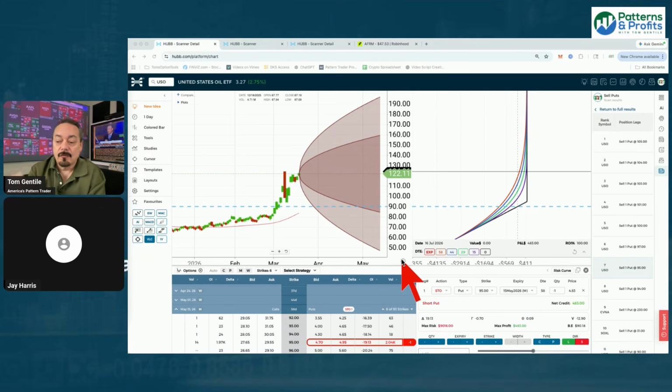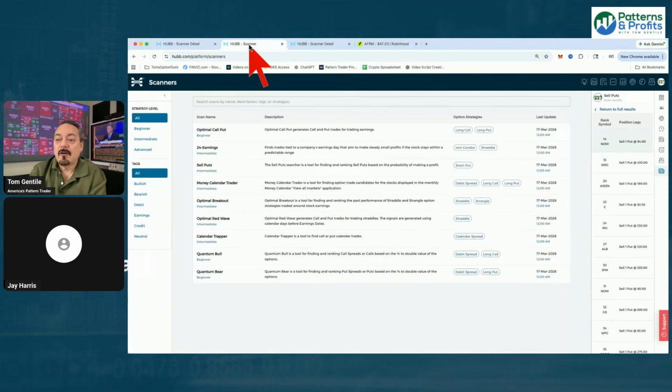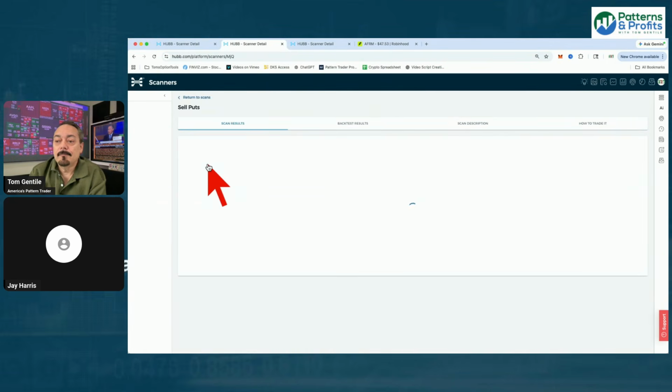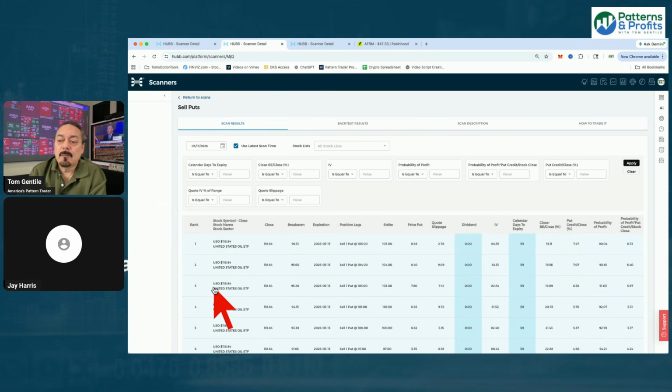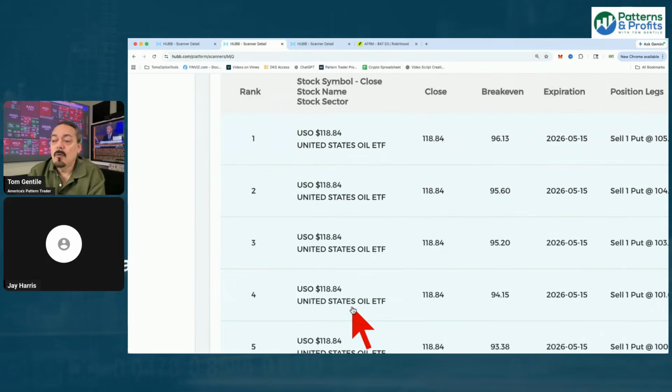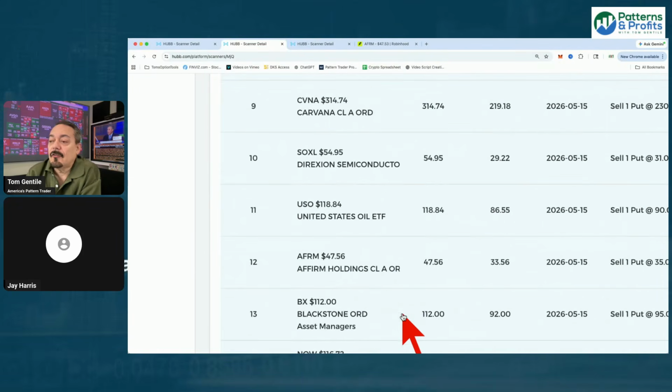So I'll start with this, then I'll go to the scanner. When I look at the scanner, I'll pop in and look at the sell put scan. When I looked at the sell put scan today, and Jay was doing the exact same thing, we were already in USO. So I'm out of USO, and then I start looking at everything else. I've got a SOXL trade going on right now.